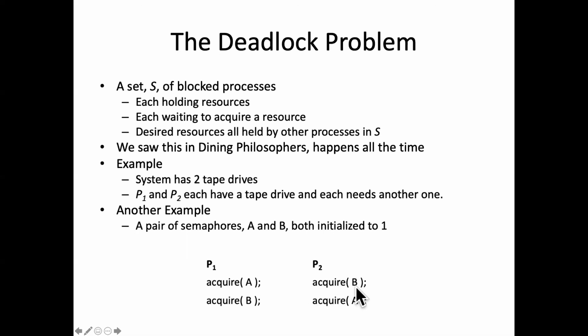P2 does the same thing, so it acquires them both, but if we just got the order of those backward, and here maybe it looks silly, but if P1 acquires A before B, and P2 acquires B and then acquires A, if these 2 processes did this code at about the same time, they would both be able to do the first acquire. But that would decrement the semaphores to 0, and then they'd both be stuck forever trying to do the second acquire. And this is kind of what happened in our Dining Philosophers, our first solution to that.